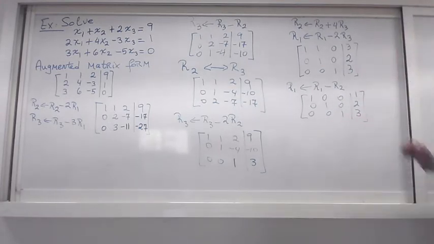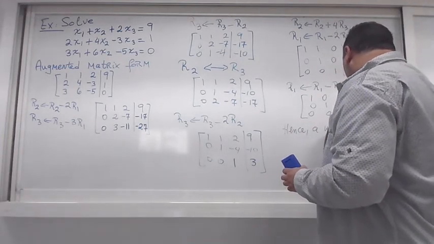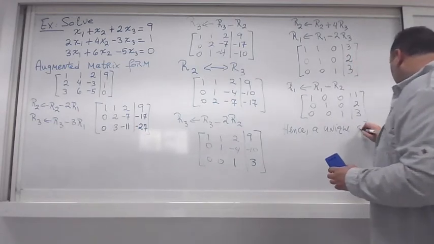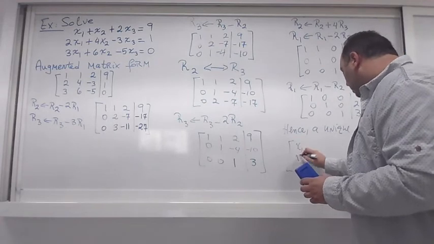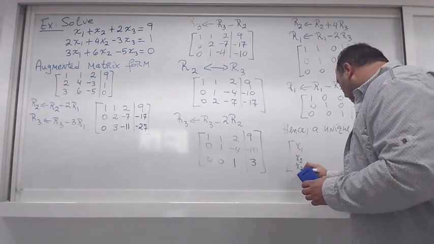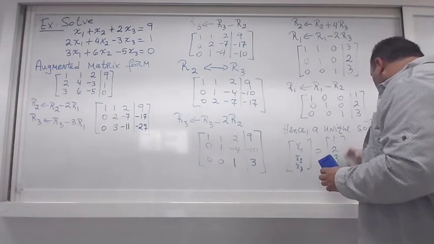Reduced echelon form, identity 3 by 3, and the system still has a unique solution. So the unique solution is, again, x1, x2, x3 equal to 1, 2, 3.